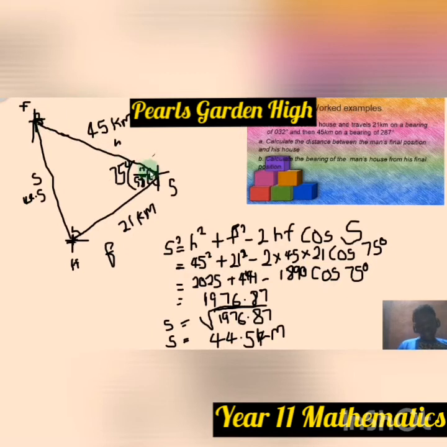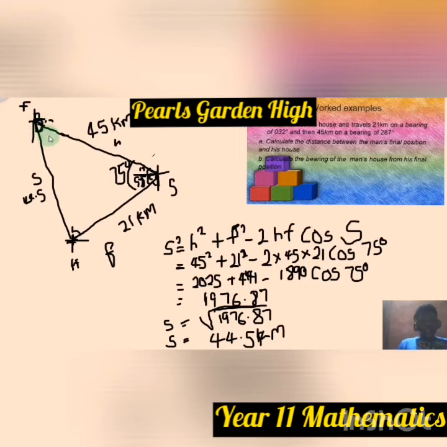They are alternate angles. Whenever you take bearing, just take note that these angles are alternate. So that's 90 plus 17. Then the remaining part of the angle we need to find is here, in this triangle.